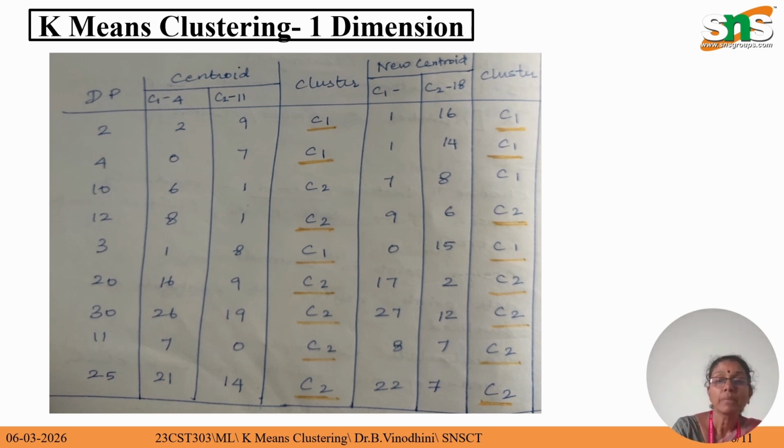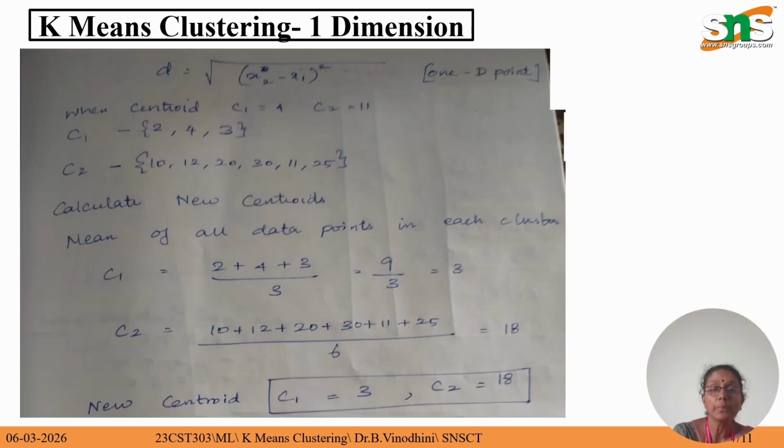In the same way we calculate the Euclidean distance and find the new clusters. Now we compare the previous iteration's clusters with the current iteration's clusters. If there is a deviation, we do the process again. The process is repeated until no new cluster is formed. After that we stop the process.